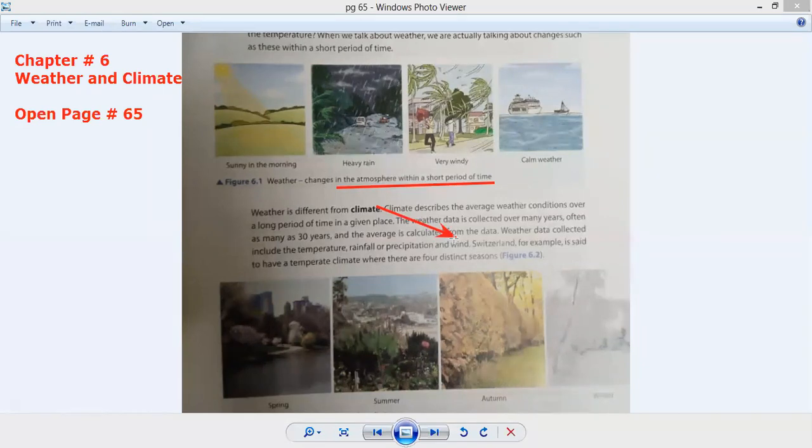In simple words, we can say it's like humidity. Let me write the word here for you. The word is humidity. The word humidity means the water in the air.